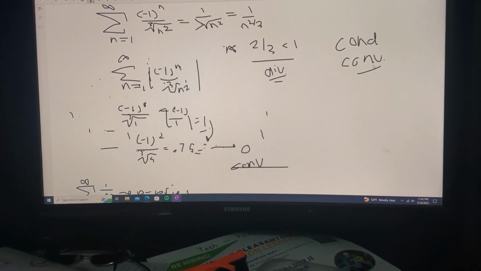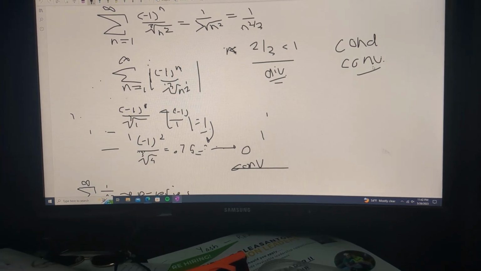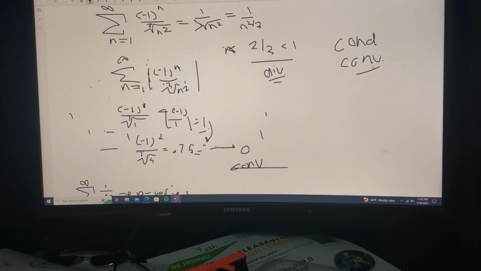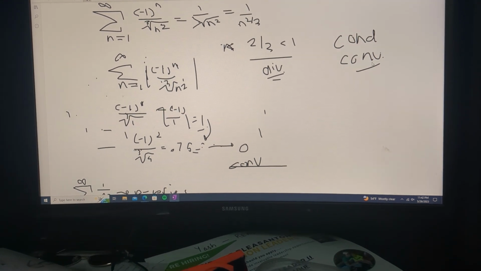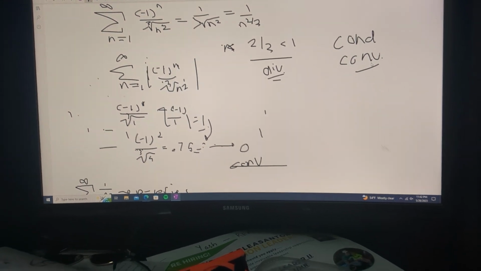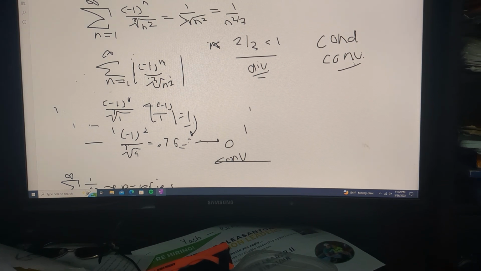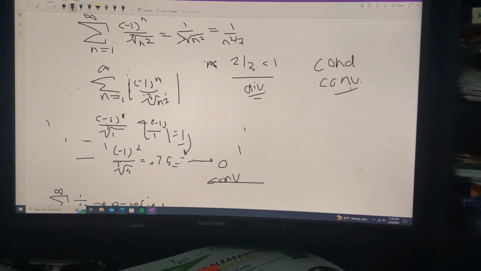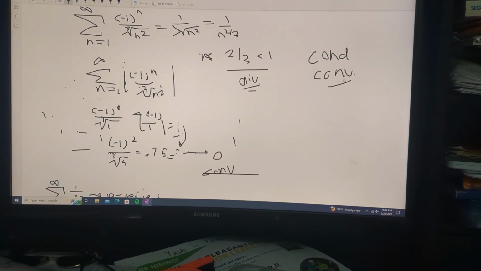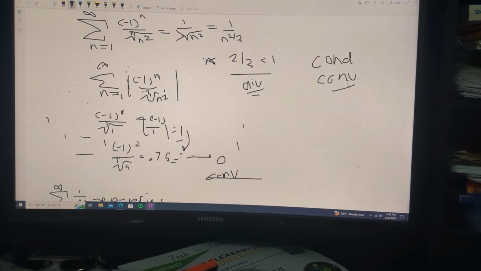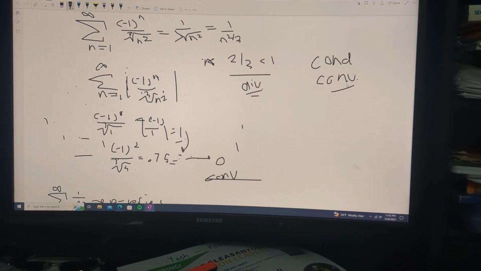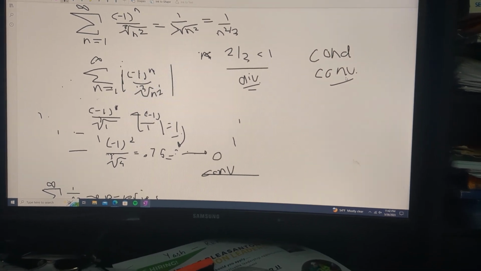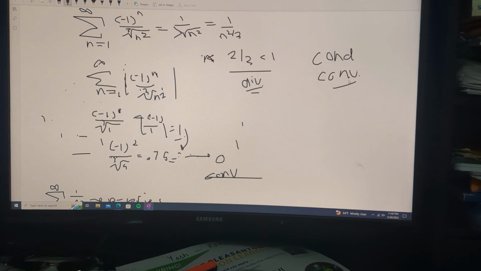And if the absolute value converges, but the regular series diverges, then you got a conditionally convergent problem. Those are usually the ones that take the longest. But overall, this is a pretty easy concept, especially if you know all your other series tests. So yeah, this is pretty simple once you get down to the base of it.